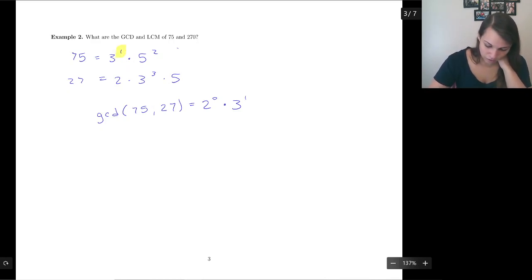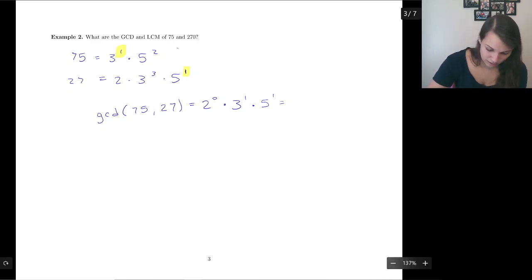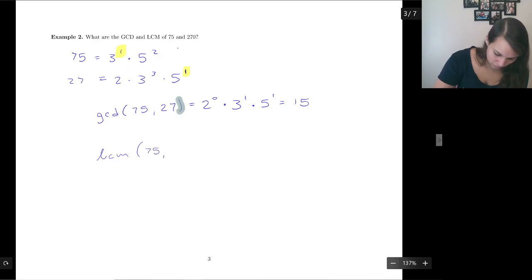So times 3 to the 1, and then 5, and the minimum power of 5 is this one right here, times 5. So that is going to be 2 to the 0 is 1, and then 3 times 5 is going to be 15. And then we repeat for LCM, least common multiple of 75 and, that should say 270.